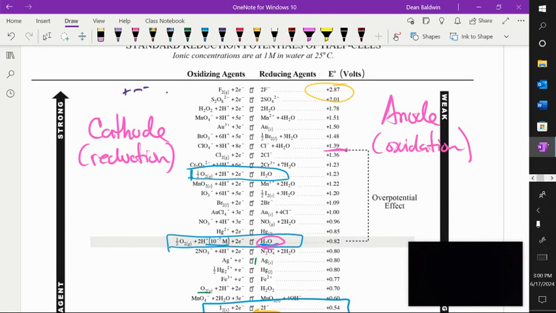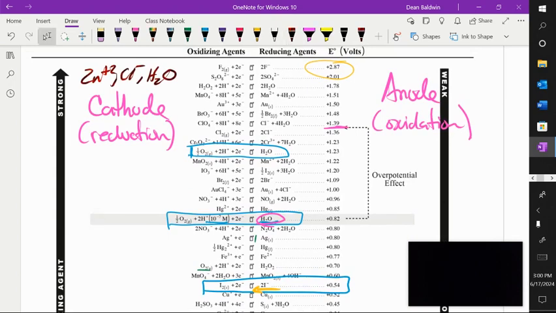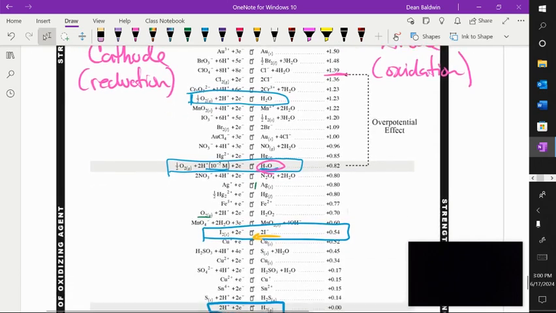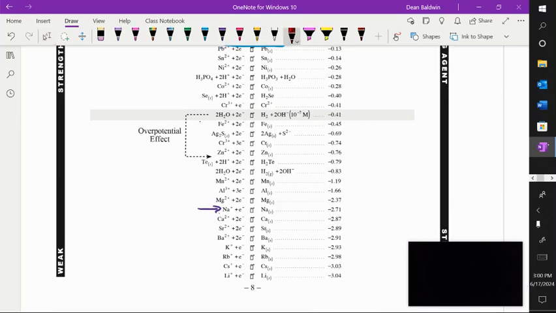We've got zinc, chlorine, and neutral water. So we're looking on the left side only. Here's neutral water, and here's zinc.